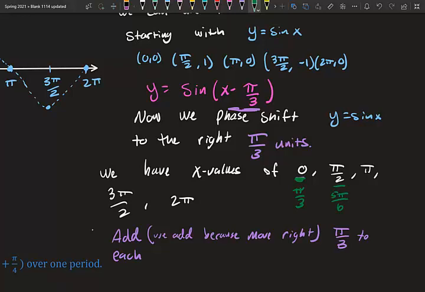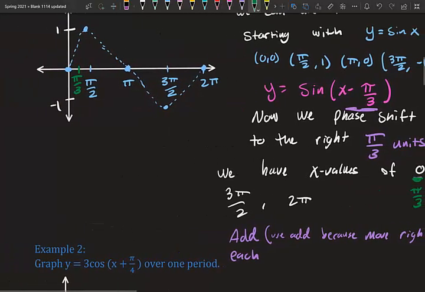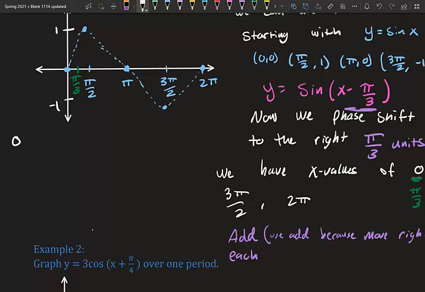So what we do is we add pi over 3 to it. We're taking these numbers, 0, then adding pi over 3. The next value we have is pi over 2, and we add that to pi over 3, and that's how we get 5 pi over 6. So that's the next x value, 5 pi over 6. And it's always going to fall in between the points we already have.